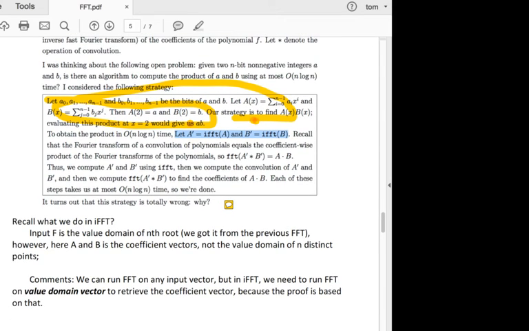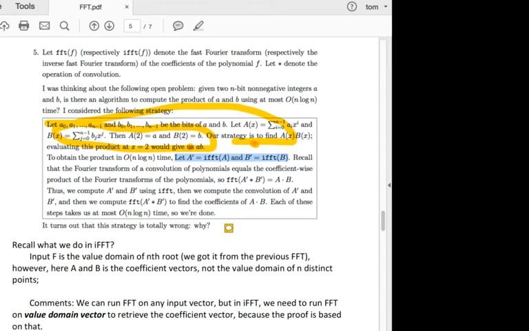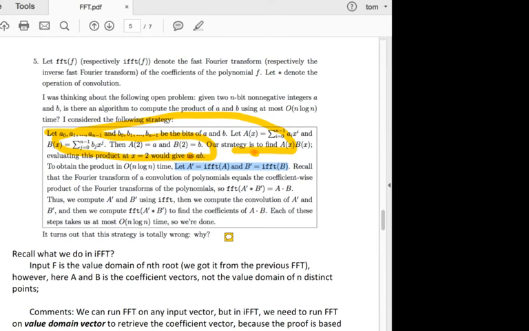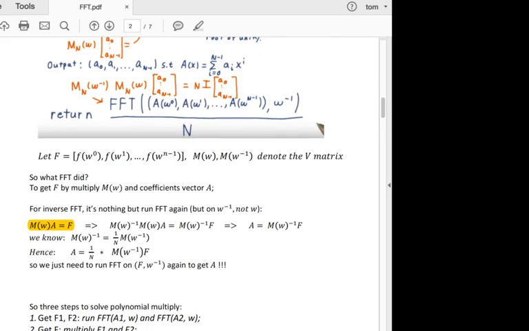Coefficient of C. But actually, in the inverse FFT, the parameter should be f. It is not any given vector, not a randomly given vector. It's specifically obtained from this equation.